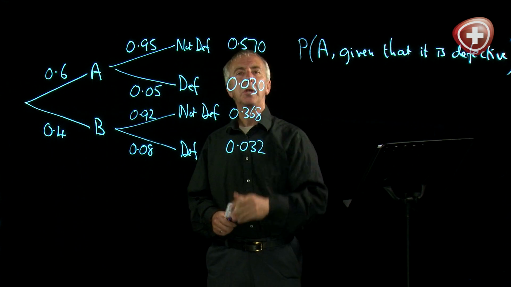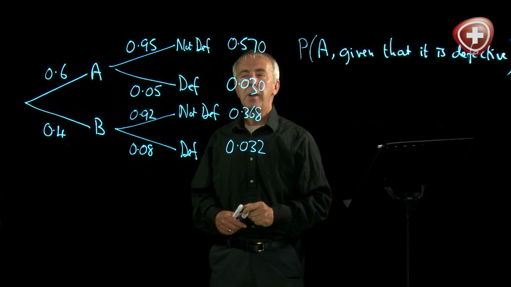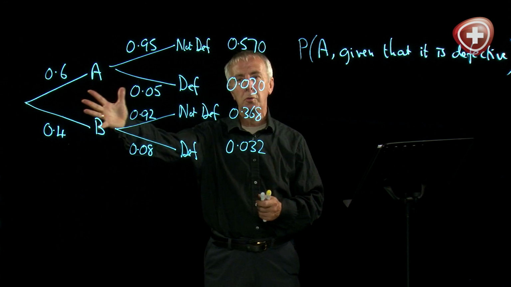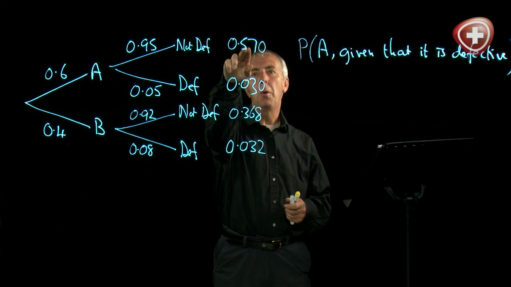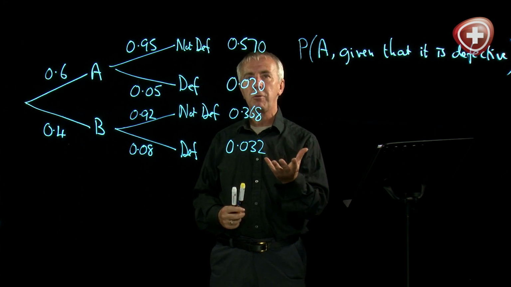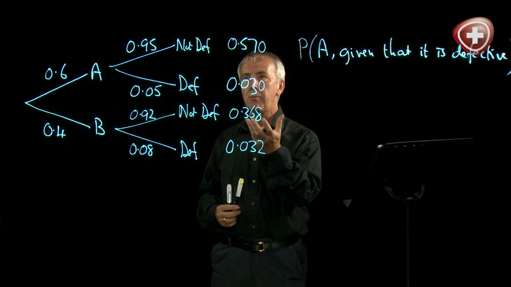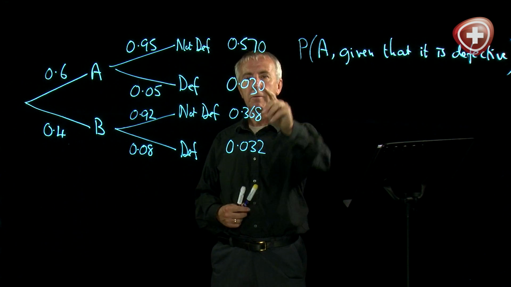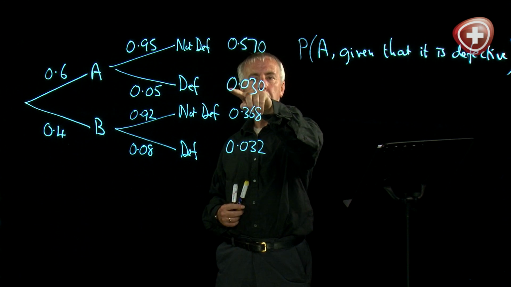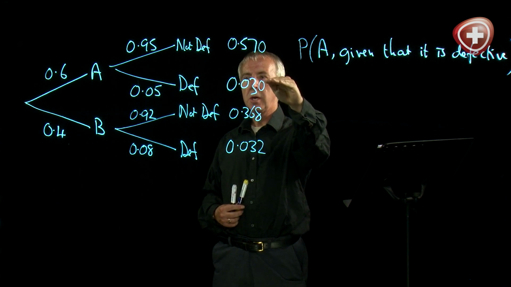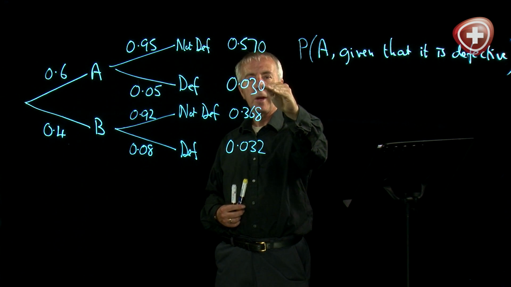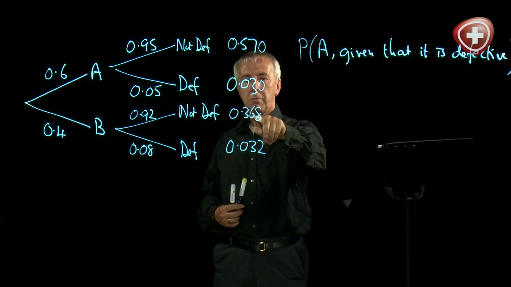Let's think what these probabilities mean. If there were 1,000 items produced altogether, this top one tells us that 570 of them came from A and were not defective. 30, multiplying by 1,000, 30 were from A and defective, and so on.